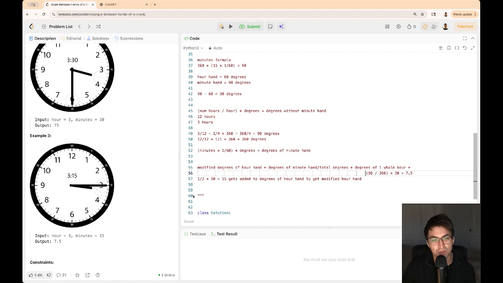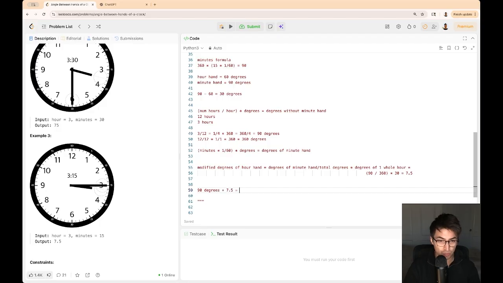So then, because it was hour 3, we add 7.5 to the degree of the hour, which would be hour 3, at 90 degrees, plus the 7.5 degrees brings it to 97.5 degrees, and then we have the minute degrees.